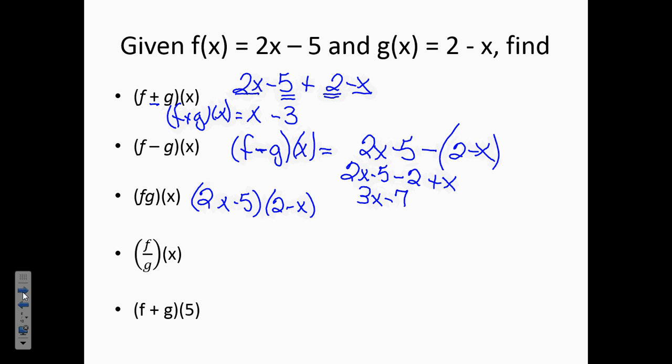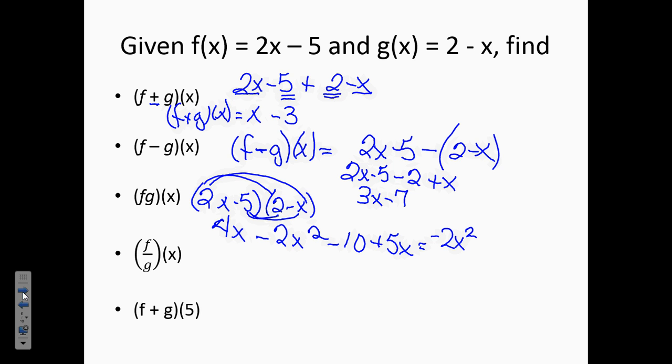Distribute, FOIL. 2x times 2, 2x times a negative x, negative 5 times 2, and negative 5 times x. Combining our like terms, we get a negative 2x squared plus 4x plus 5x is plus 9x. And my last term will be a negative 10.